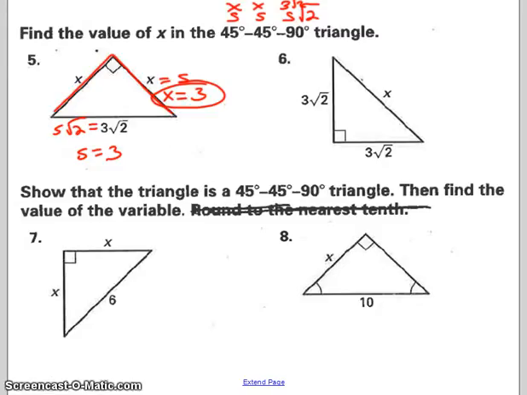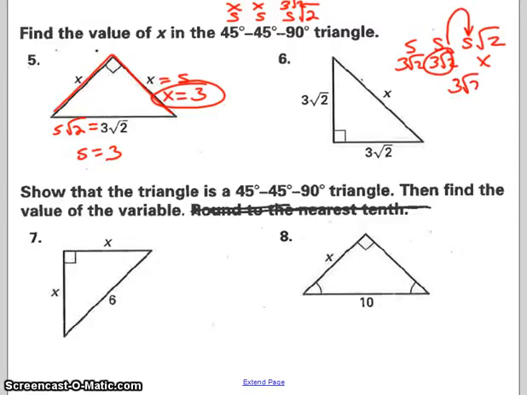Same thing over here. We have s square root 2. Our two legs are 3 square root 2, 3 square root 2, and x is our side s square root 2. So if s equals 3 square root 2, we're going to plug it in for s to solve for x.